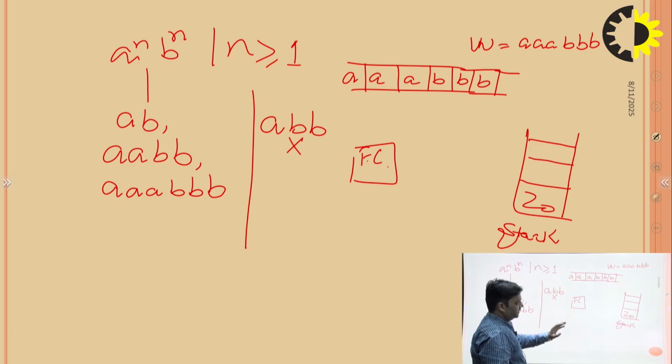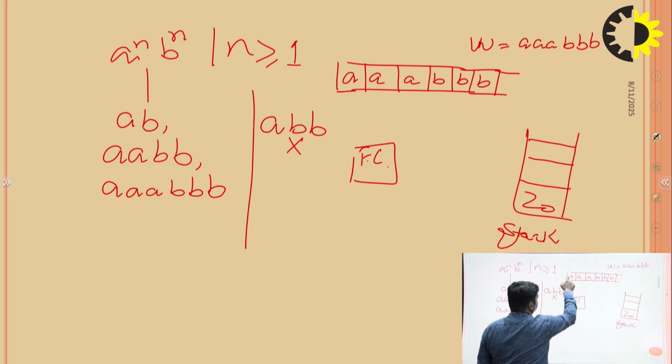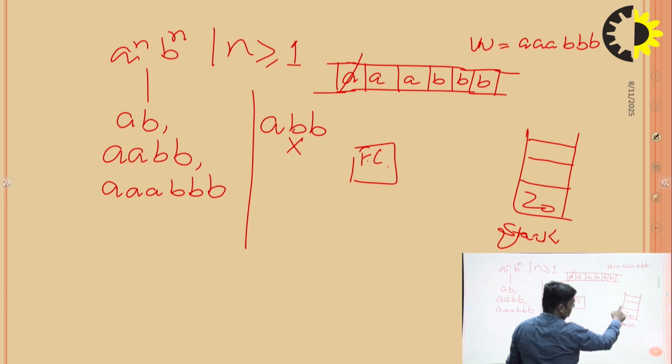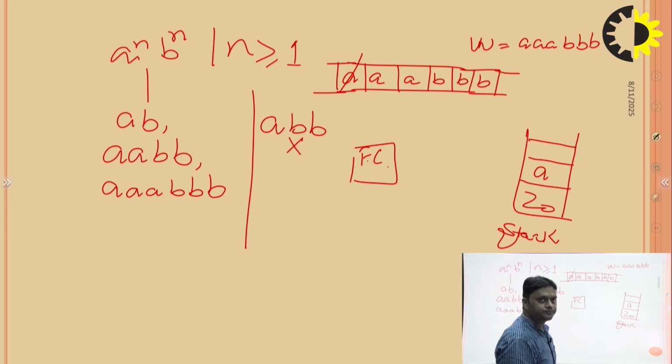How does it work? If we get the first a, then we put it in the stack. Means if we get the first a, a push operation will be performed and this a is pushed in the stack.